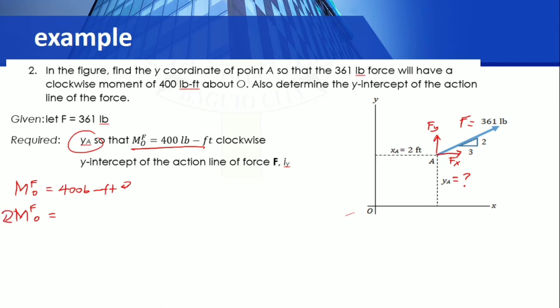So, yung moment natin, that will be yung moment ng ating Fx about O plus yung moment ng ating Fy about O. So, that is equal to, ano yung moment ng ating Fx? That will be Fx times the distance, which is yung YA natin.